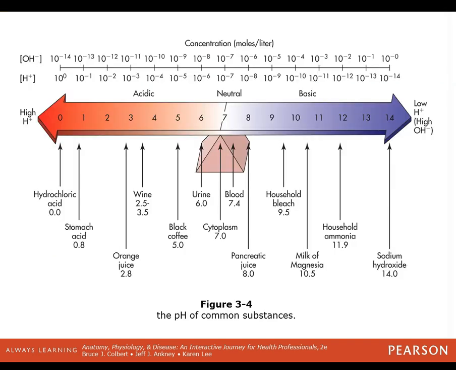Here's the illustration from your textbook that shows the concentration of the hydrogen ions or the hydroxide ions. A strong hydroxide, you get 14. So sodium hydroxide, which is NaOH, and then hydrochloric acid, for example, is HCl.